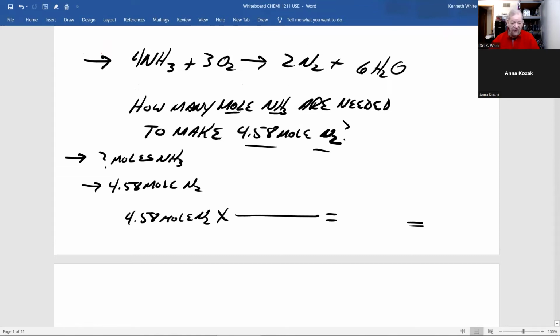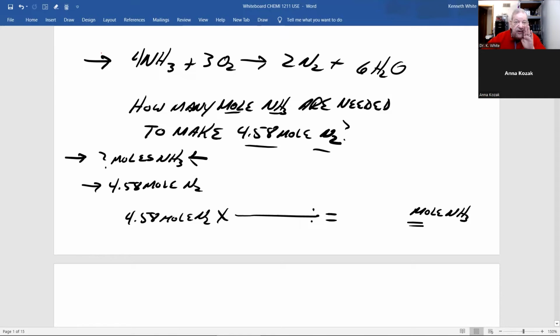Okay. Well, you figured that out up here. Moles of ammonia. And we'll do this stepwise. What units go on top and bottom of that ratio? Your turn, not the numbers, just the units.